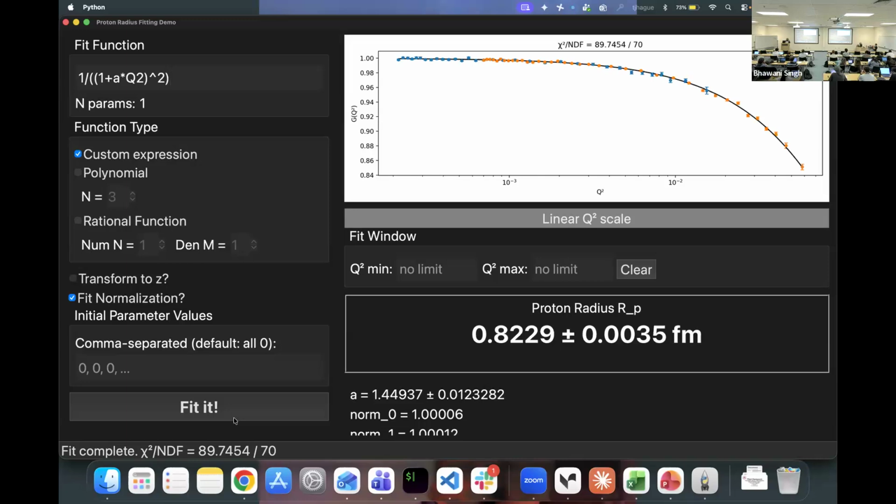Yeah, so 0.82, which PRAD got 0.83, so that's actually pretty darn close. And that is a good suggestion also, because we always assume that the ideal proton is a dipole, so that is what it was fit with in the past. Anything else?